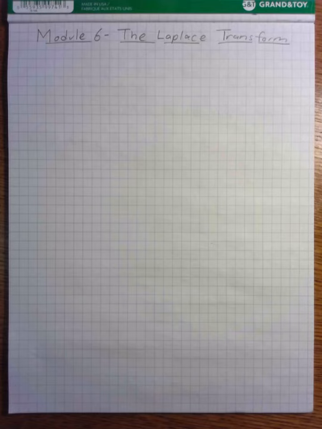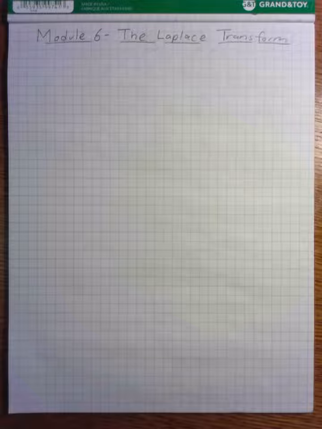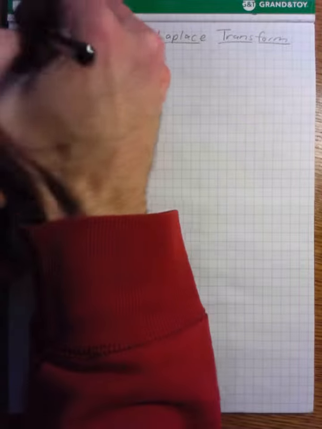As a little bit of a warm up for the concept of transforms, you've already learned in your first circuits course how to represent a sinusoid in two different ways.